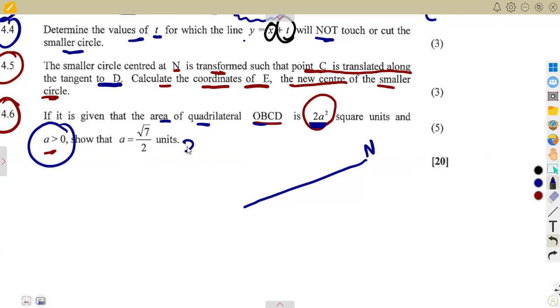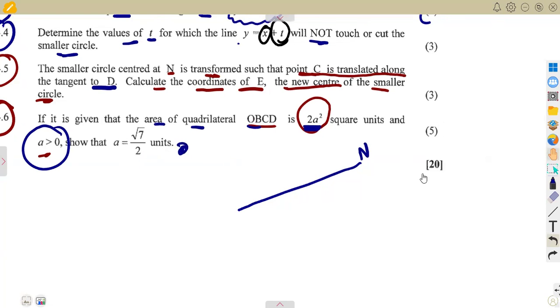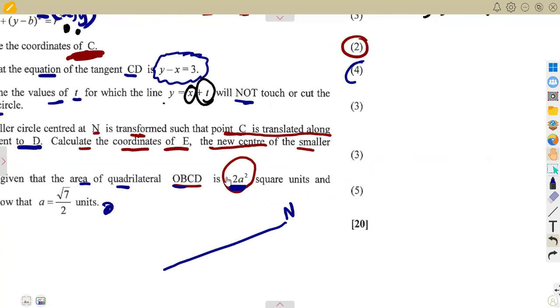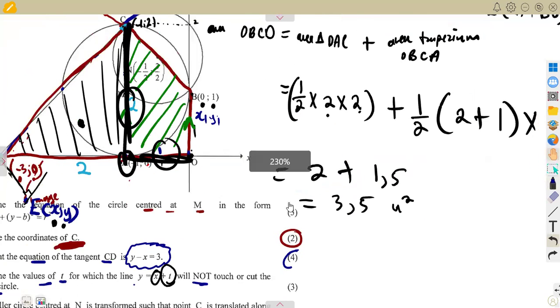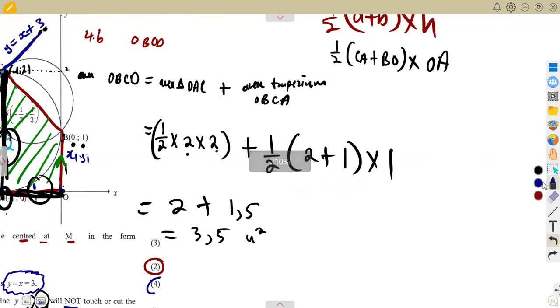So show that a is equal to this. If we are given that the area before in terms of a is 2a squared square units, the same area that we calculated as a numerical value is, in terms of a, equal to 2a squared. That is what you're given.